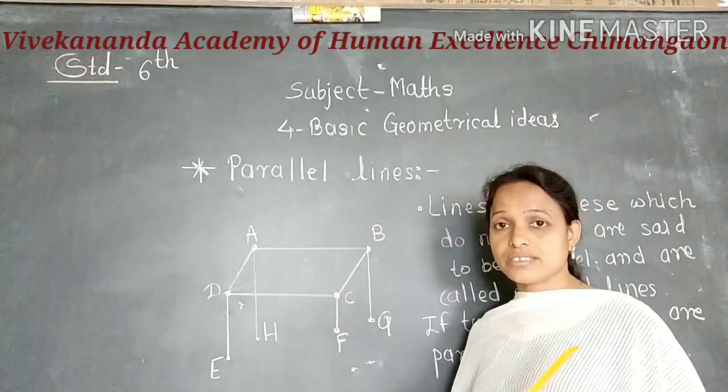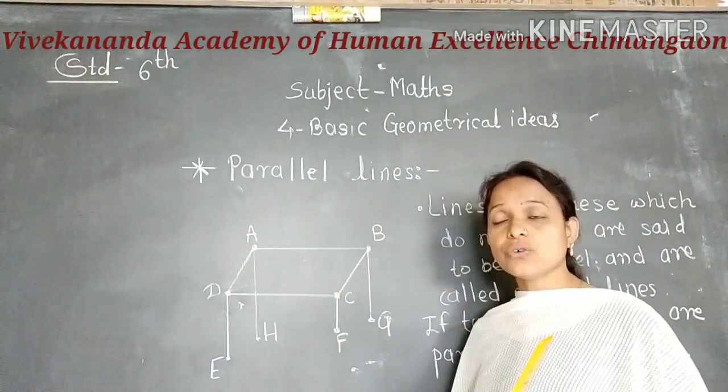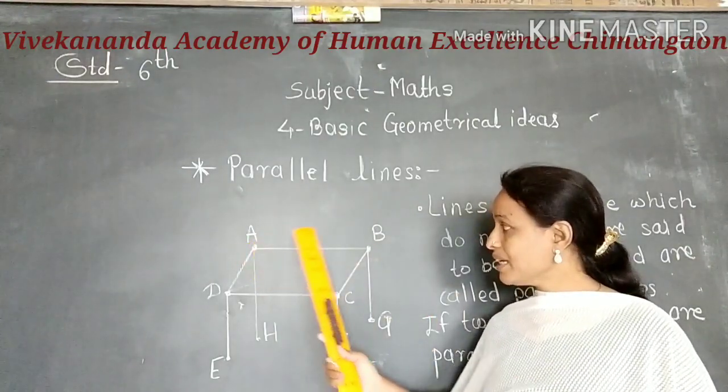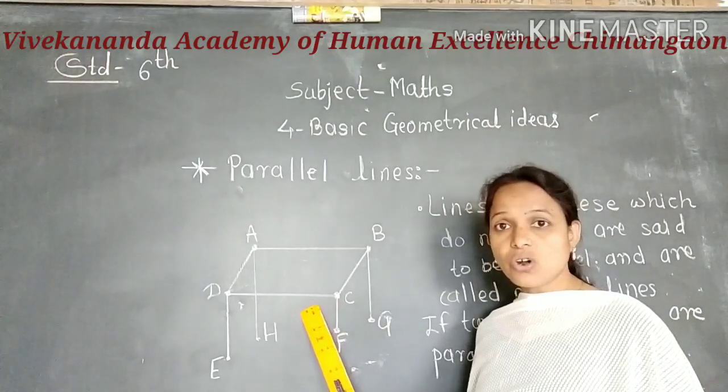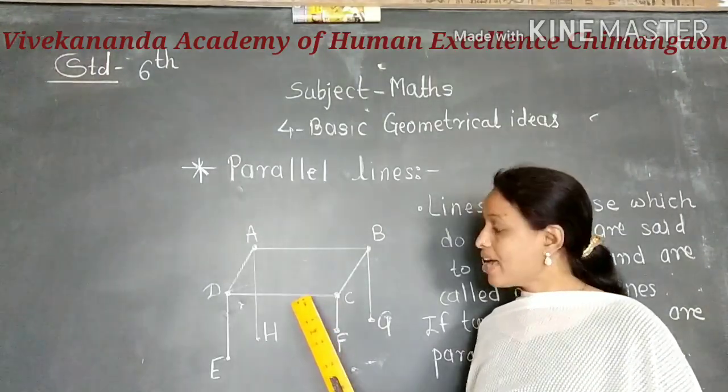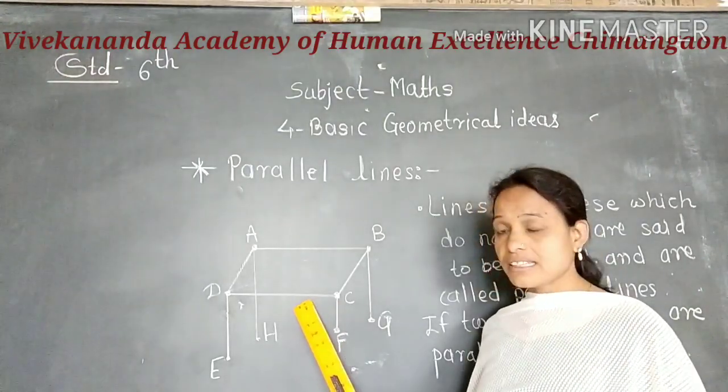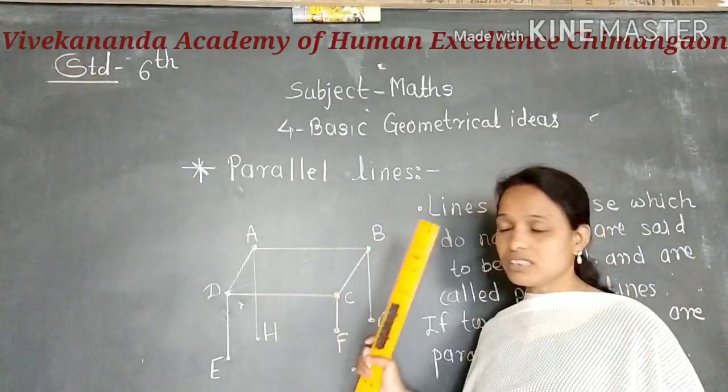See this figure carefully, then you can know that line segment AB and line segment DC do not intersect each other, even if they are extended further.